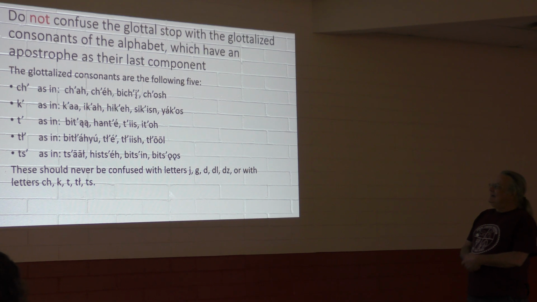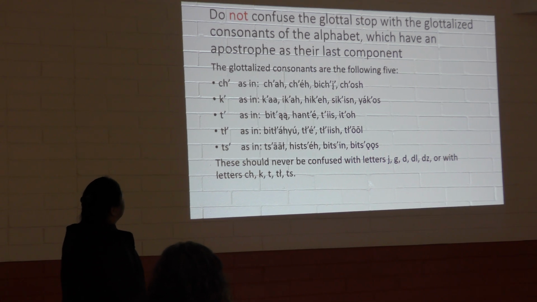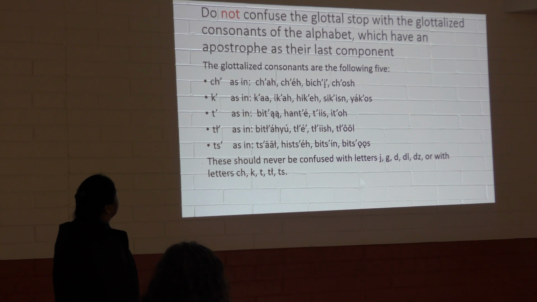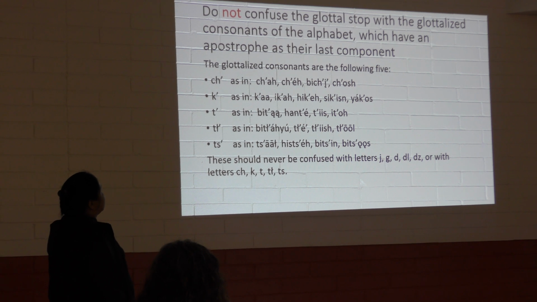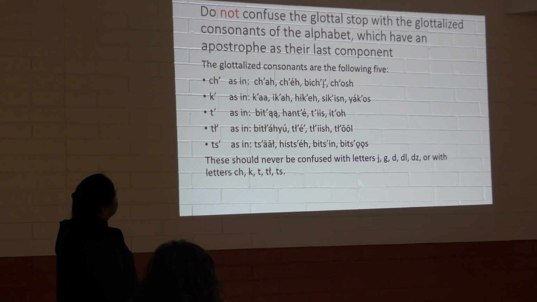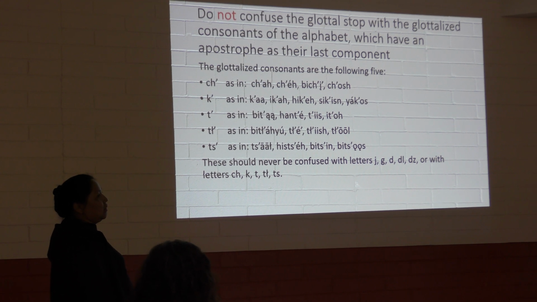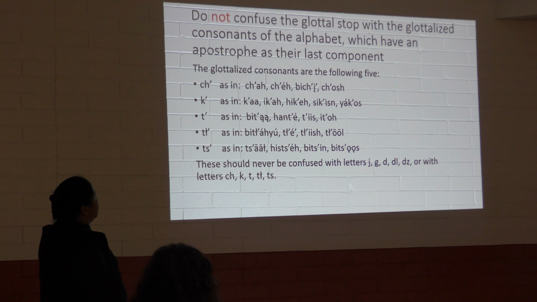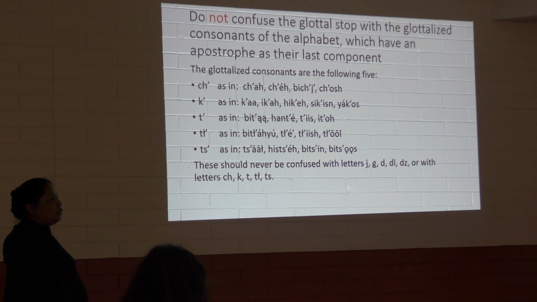So do not confuse the glottal stop with the glottalization consonants of the alphabet, which have an apostrophe as their last component. The glottalization consonants are the following 5. So the CH apostrophe as in cha, that means hat, right? Means in vain. Bichi means towards it, or to it.